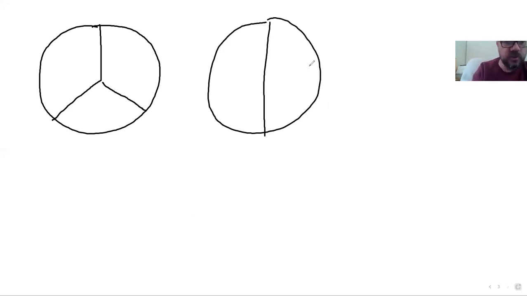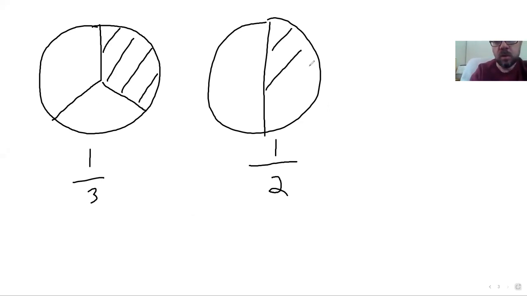So here I have thirds, and here I have halves. If I have a third and a half, you can't combine those easily because they're not the same size. They're not the same kind of fraction.